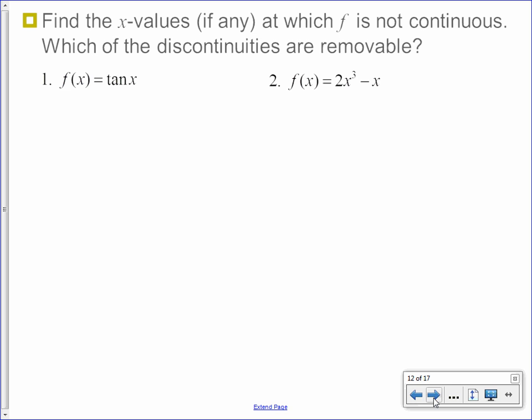Okay, let's look at some. I want to know if our function is discontinuous anywhere, and if so, what kind of discontinuities we have. So tangent of x.